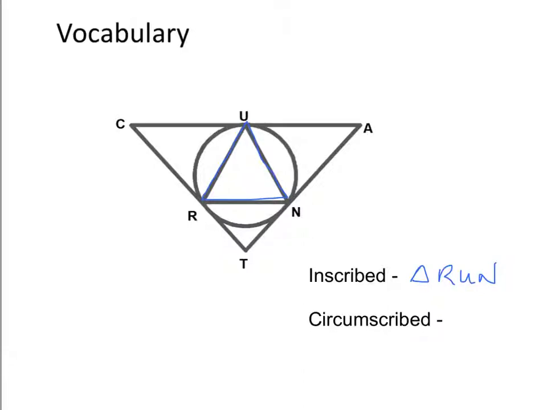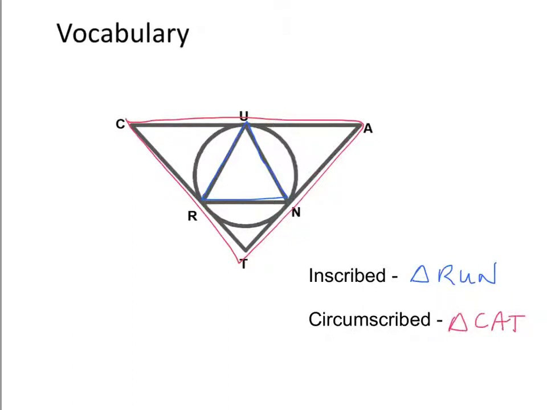When they talk about circumscribed, they mean it's the triangle on the outside. So if I look at my circle, and it doesn't have to be a triangle, it can be any object. I'm just using triangles as an example. But if I look at the object that's circumscribed about the circle, in this case, it's triangle CAT.